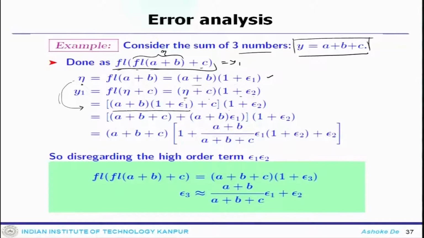If you just rearrange this with some algebra, it turns out to be a plus b plus c plus (a plus b) epsilon 1, with the whole bracket multiplied by (1 plus epsilon 2). If you take out a plus b plus c, you get (1 plus ((a plus b) divided by (a plus b plus c)) epsilon 1)(1 plus epsilon 2).